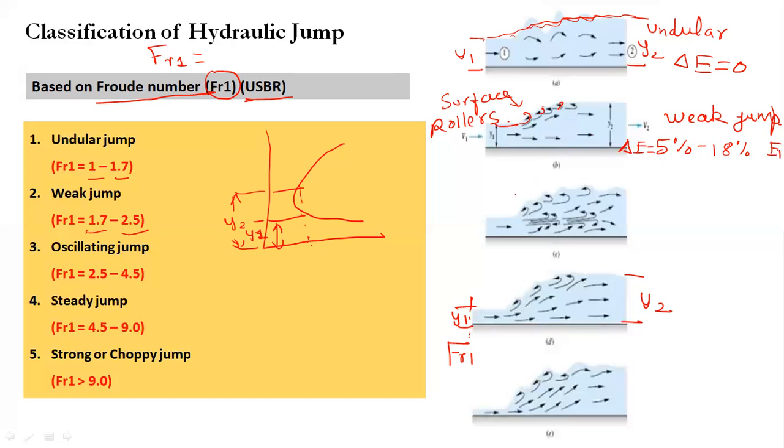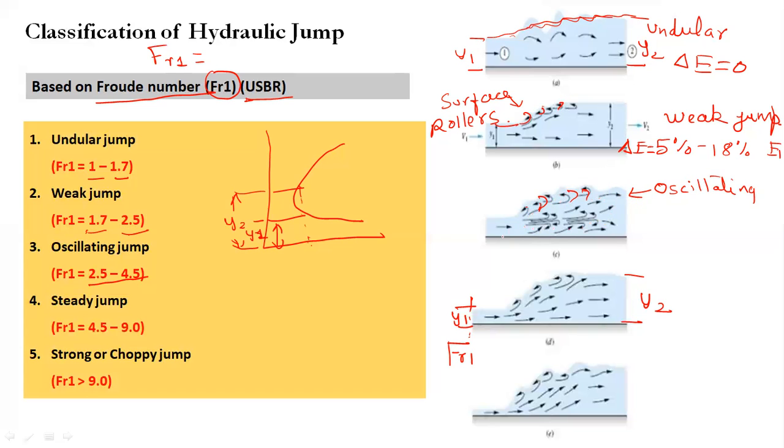This much energy dissipation you can expect in a weak jump. If you further go on increasing the Froude number from 2.5 to 4.5, then you are going to get something called an oscillating jump, in which you will get some oscillatory waves on the surface. This is a highly unsteady kind of jump, and the surface oscillations keep traveling from upstream to downstream.